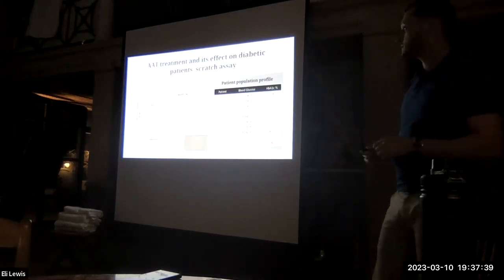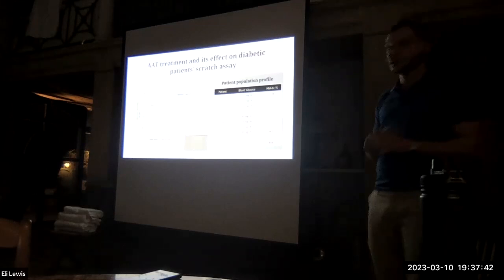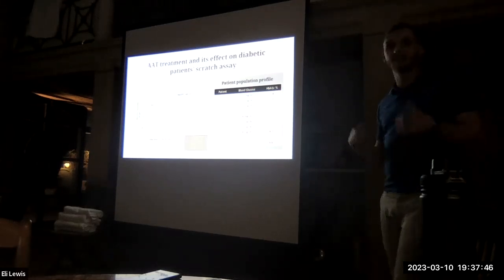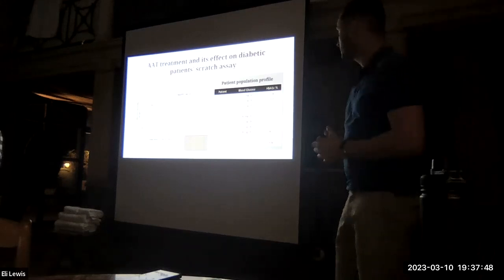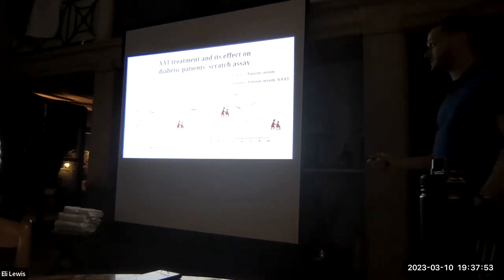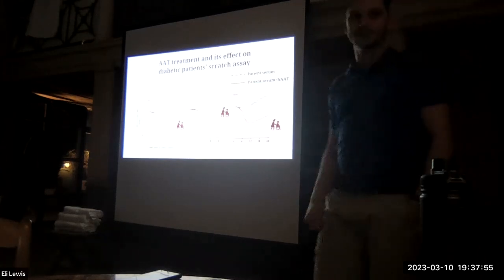When using serum of hyperglycemic patients, we can see the blood glucose levels here, and that some of them had increased levels of HbA1c. We see lower and slower revitalization of the wound.